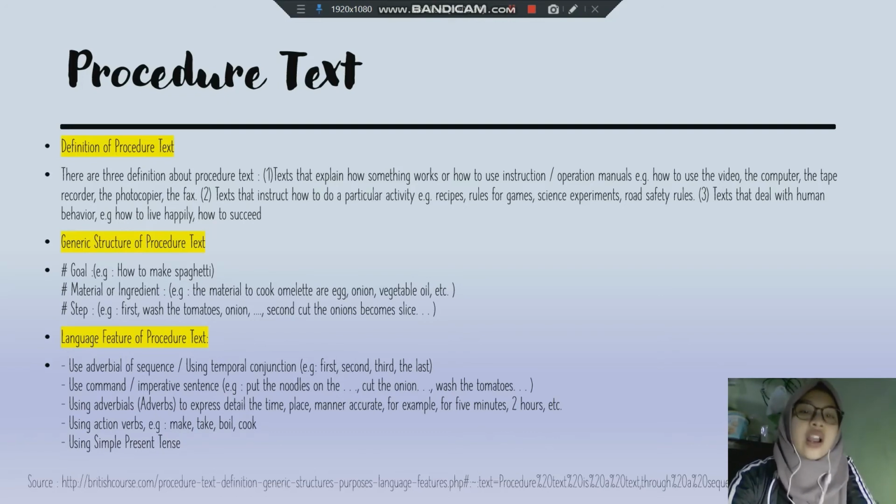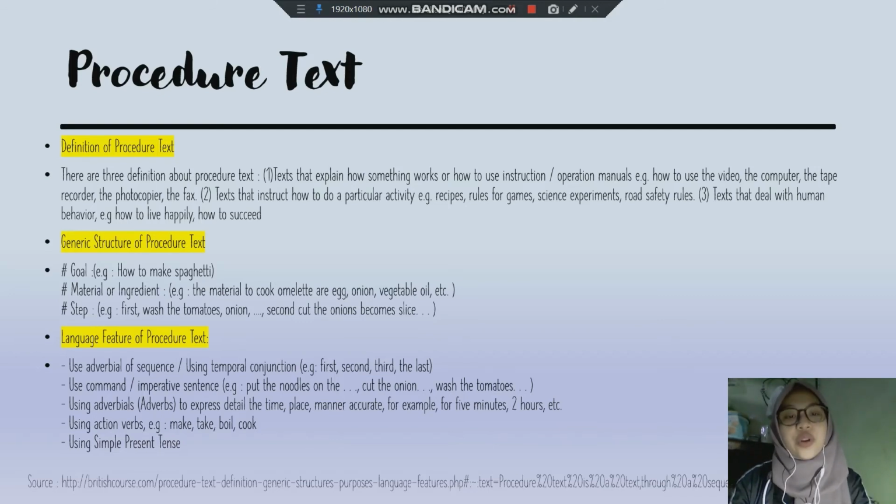Text that instructs how to do a particular activity, like recipes, rule programs, science experiments, road safety rules, and many more. 3. Text that deals with human behavior, like, for example, how to live happily, how to be successful.